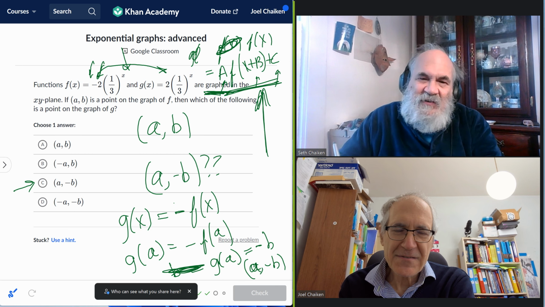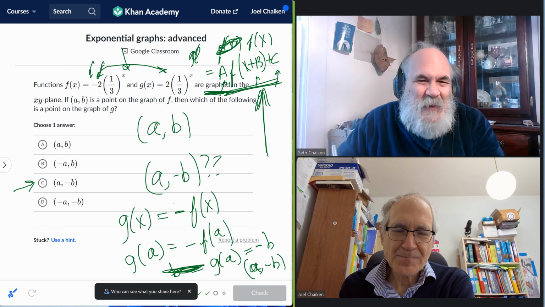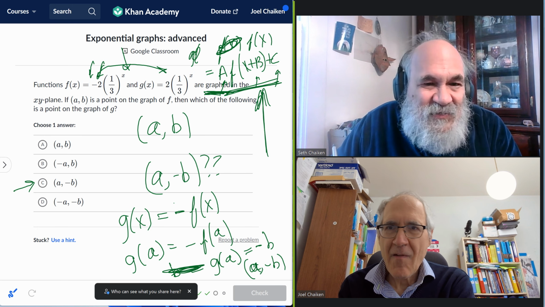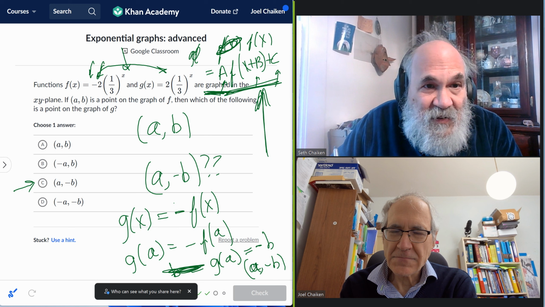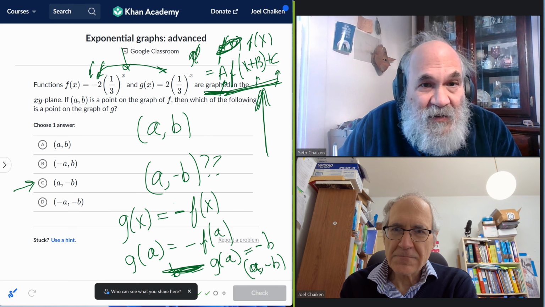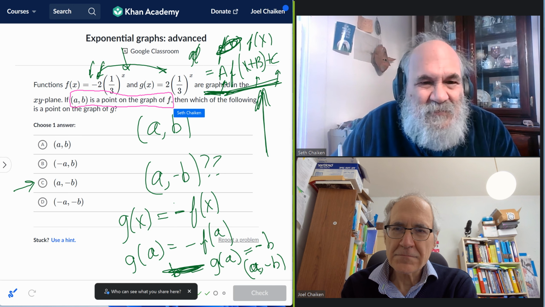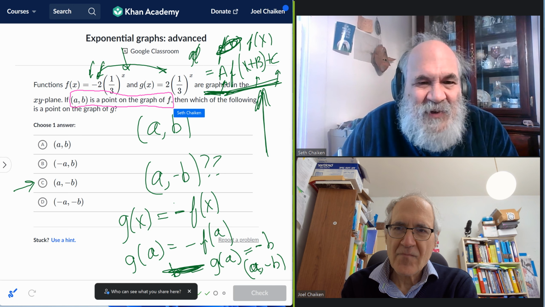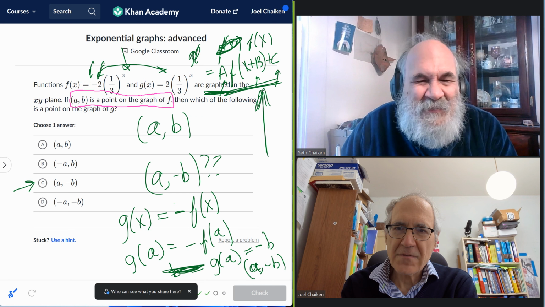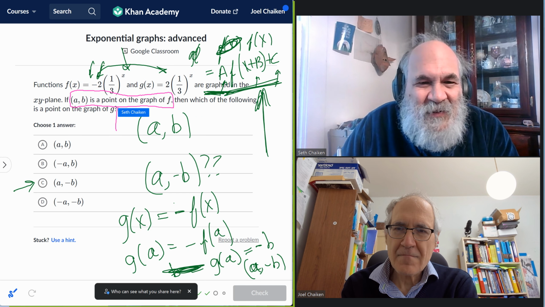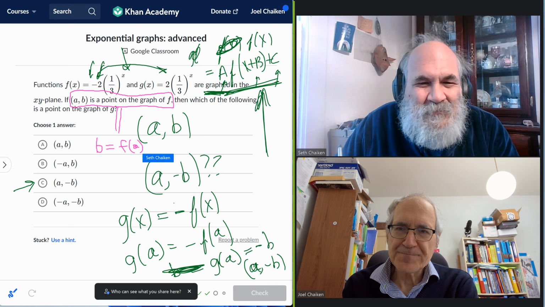I think the fundamental idea is this statement: AB is a point on the graph of F means B equals f of A, which is the formula that you use.